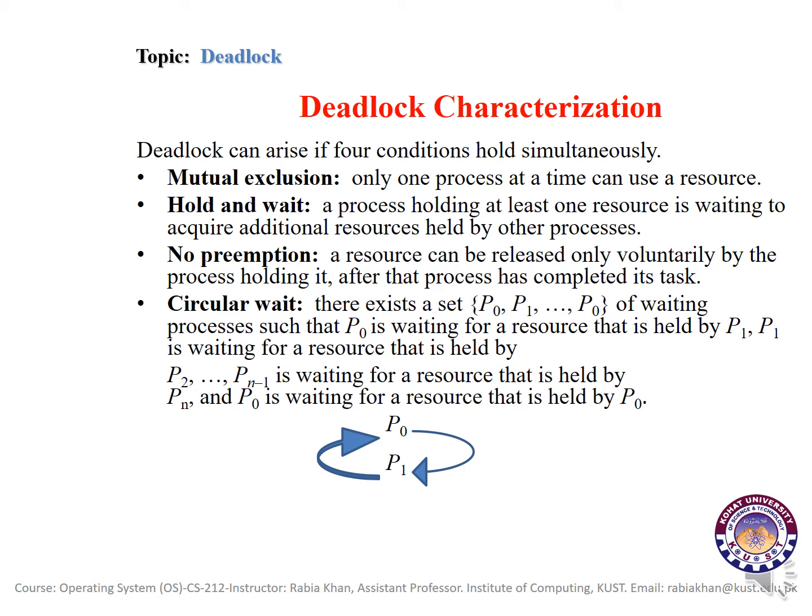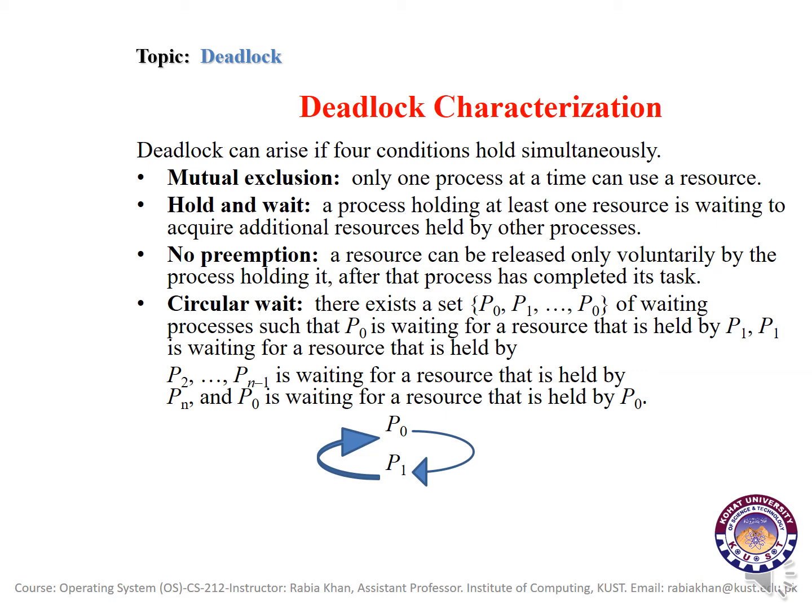First condition is mutual exclusion. Mutual exclusion has already been discussed in detail in previous chapter. Mutual exclusion means one process at a time will use the resource. Second condition is hold and wait.